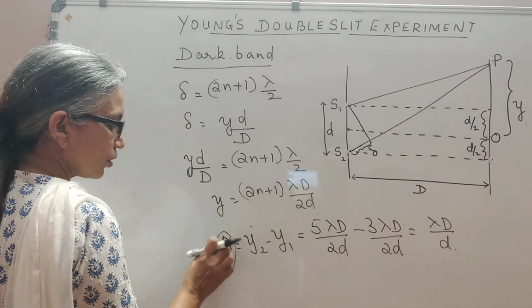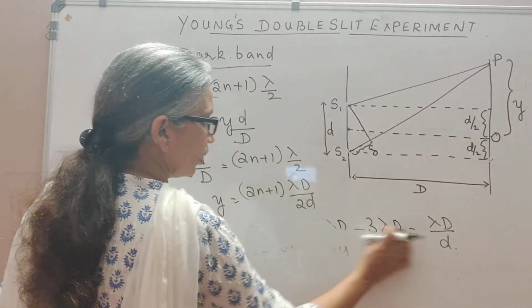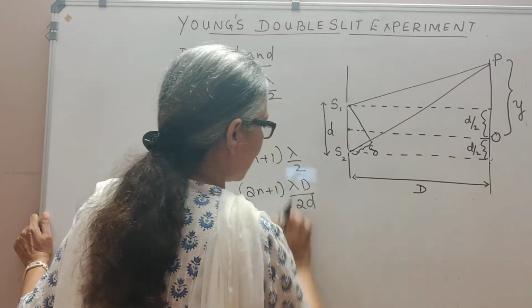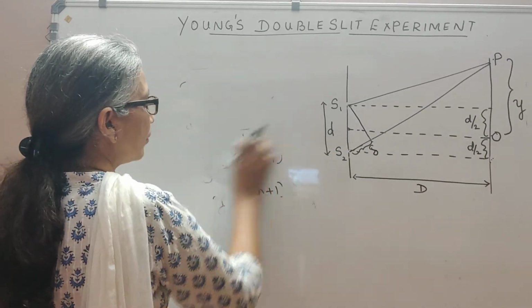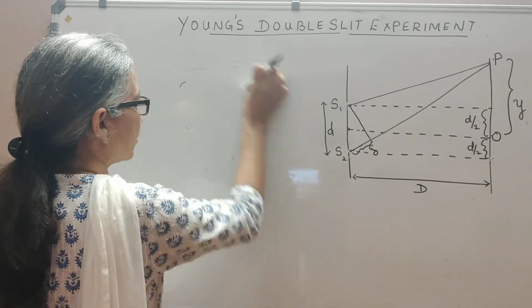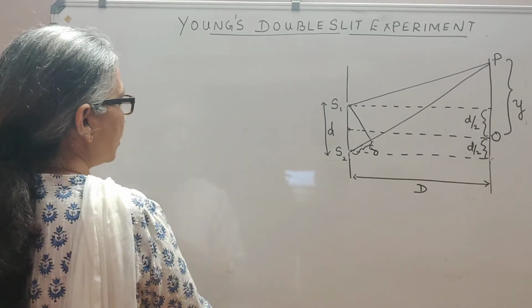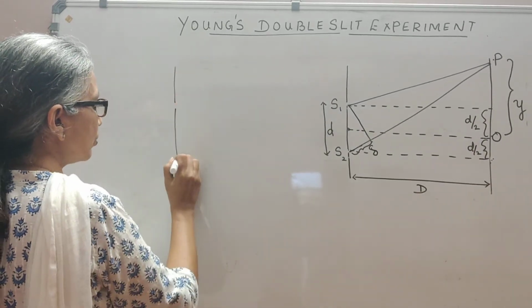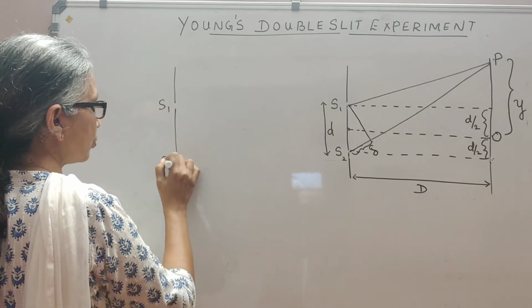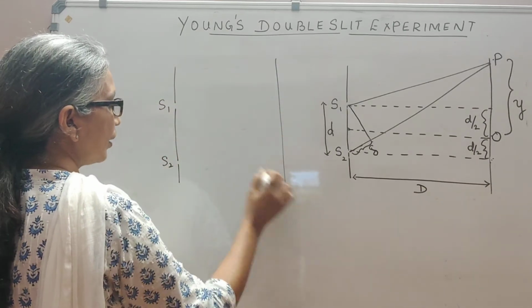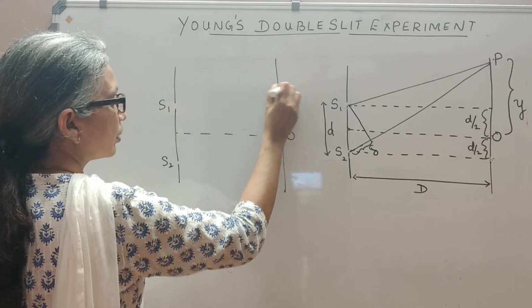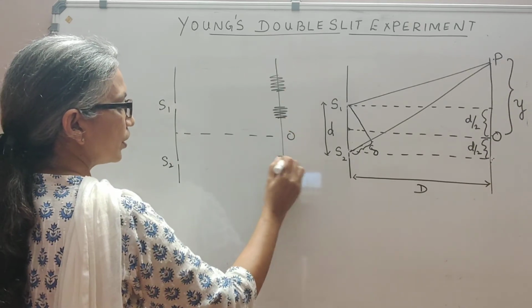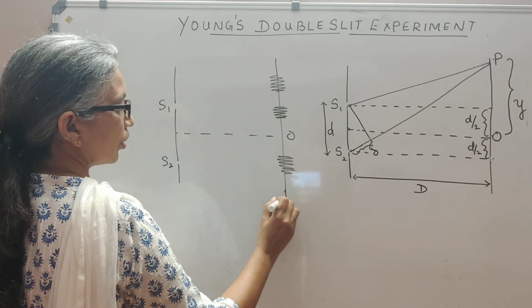Now one more thing, so this is called the linear fringe width, which is lambda D by d. Now on the screen, we have these alternate dark and bright fringes, right? So let's say we have the two coherent sources S1 and S2, and we have this as the center of the screen. Let's say these are the alternate dark and bright fringes above and below the center, and so on.